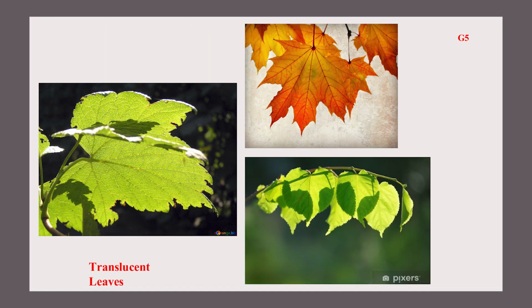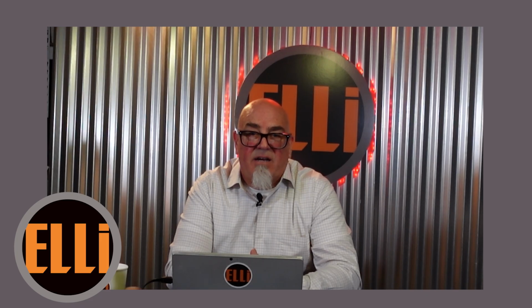Okay, next slide. We're going to look at this one, shows various leaves that are translucent. Again, where light can pass through them or somewhat get through them. They create a wonderful display in lighting designs, especially in maybe not so much like an emphasis or a focal point type setting.